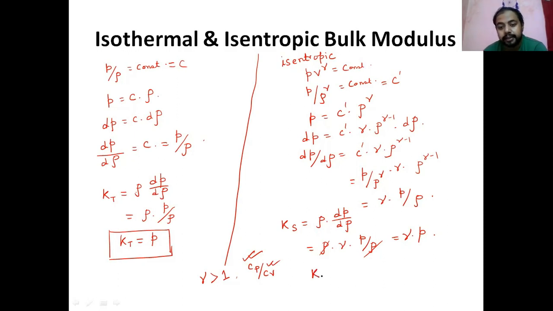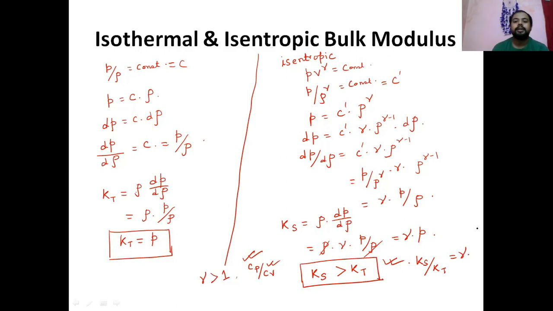So we can say that the isentropic bulk modulus should always be greater than the isothermal bulk modulus. If any multiple choice question asks this, you can really say. And Ks by Kt is nothing but gamma. That is the consideration regarding the isothermal bulk modulus.